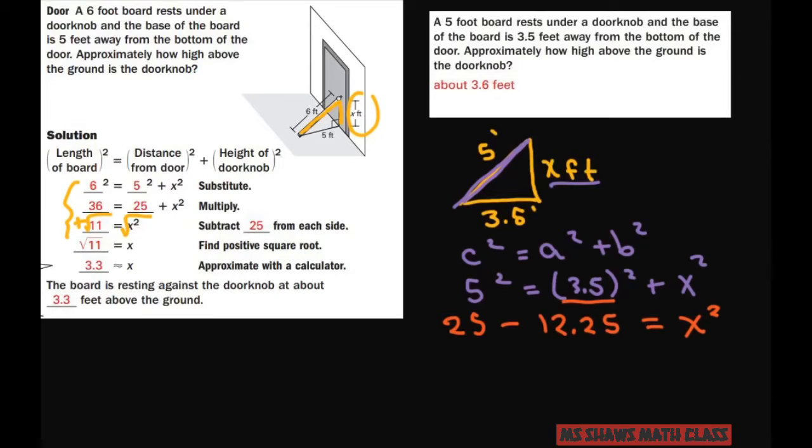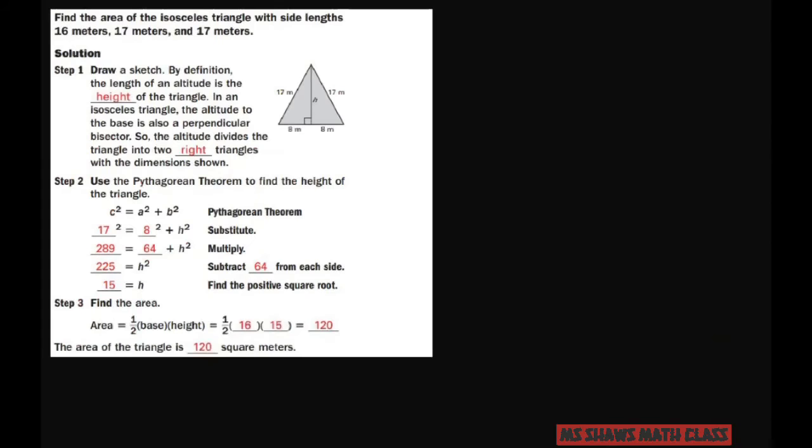So you subtract that from 25, and you get 12.75 equals x squared. Now let's take the positive square root of both sides, and you get x is approximately 3.6 feet.